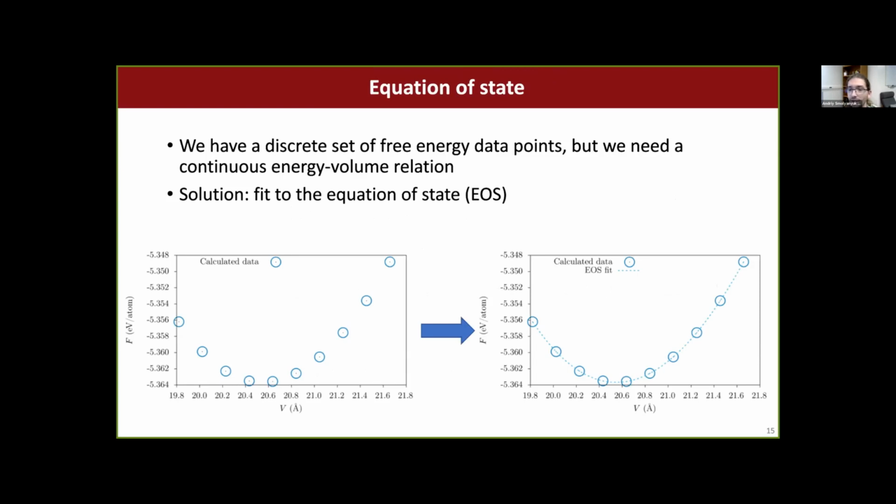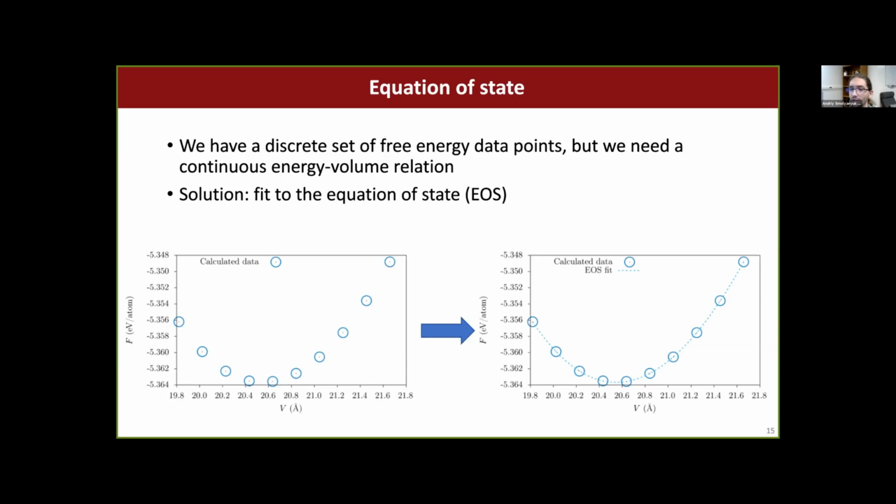They might be very expensive, and you want to limit the amount of calculations you're doing. So the way around this is to use some analytical expression to fit your free energy volume data points. And in our case, we use the so-called equation of state.